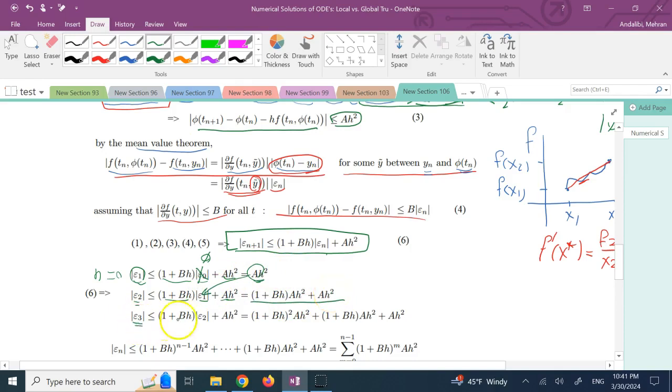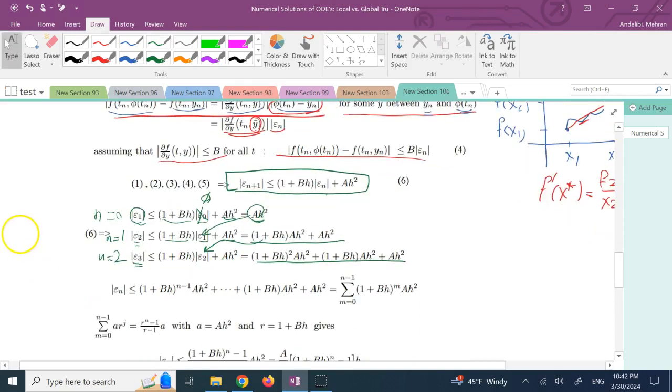Then we go to epsilon 3. And again, for epsilon 2, we're going to replace it right here. So epsilon 3 is less than this guy here. And if we keep going and keep using these formulas, starting from epsilon 0 equals 0, you'll see that the magnitude of epsilon n is what?